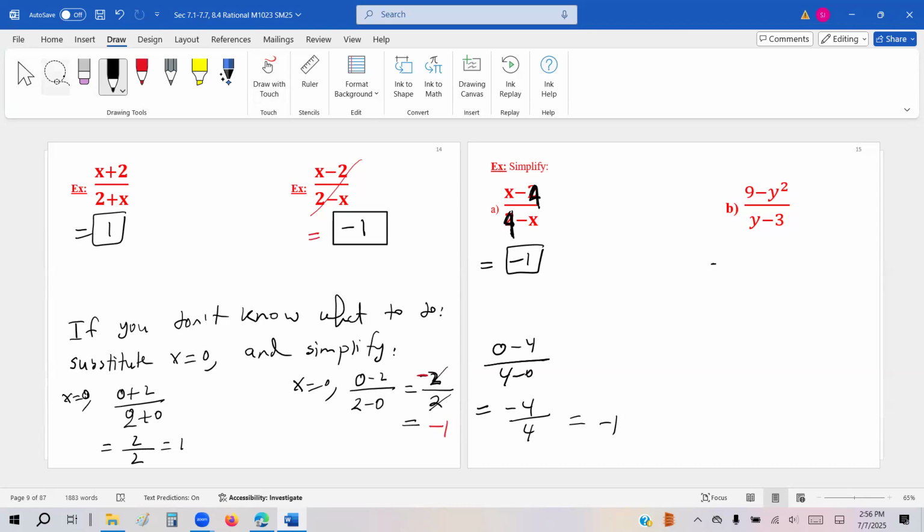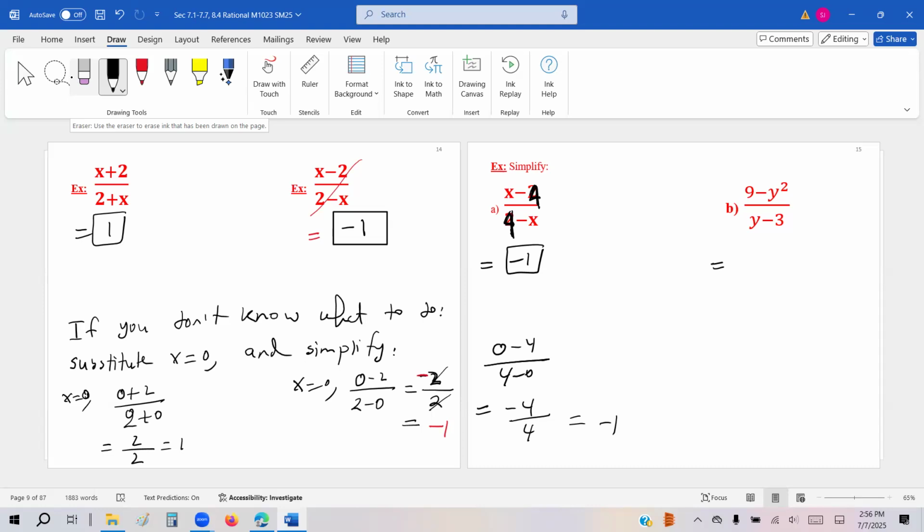Chanel. So you have 9 minus y squared, and how do you factor that? How do you rewrite 9? What square is 9?